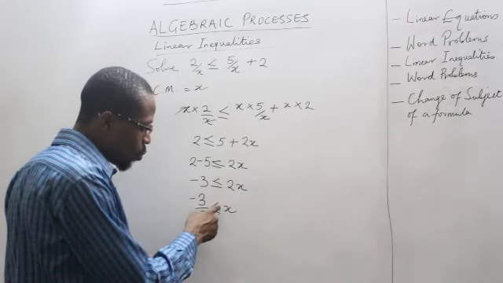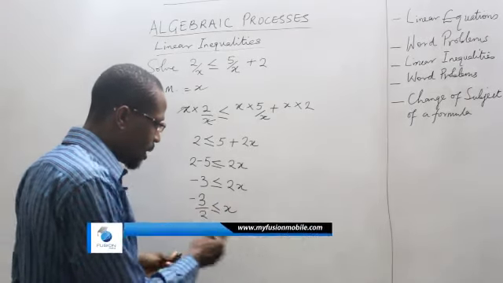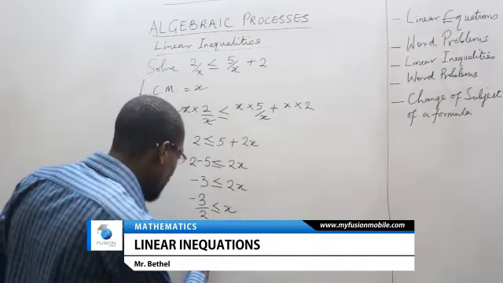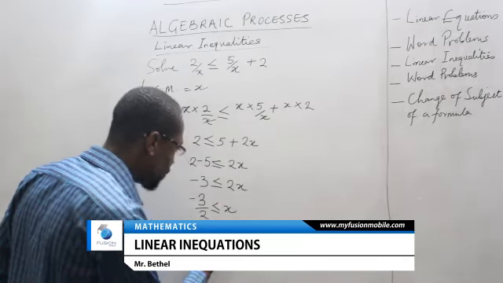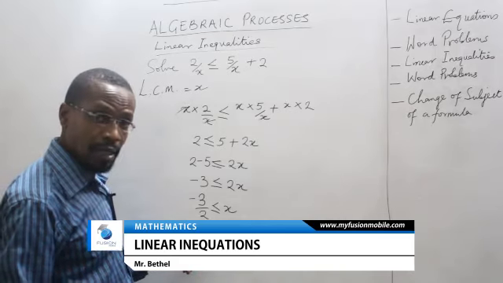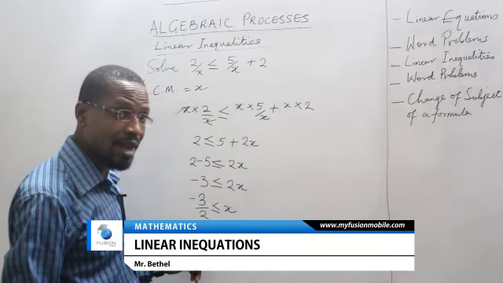And when we do, watch the open end of our symbol: it is towards x. So when we bring x to this side, that open end must still face x. That is the only way you will get the answer right.